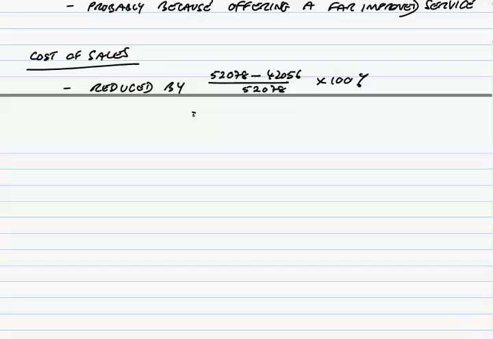So, how much have we reduced it by? 52,078 minus 42,056. It's gone down by 10,000 on 52,078. A 19.2% fall. I hope my arithmetic's right, but even so, 19.2%.